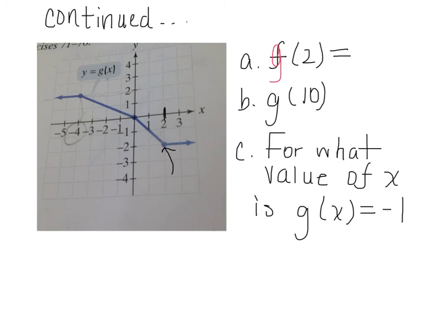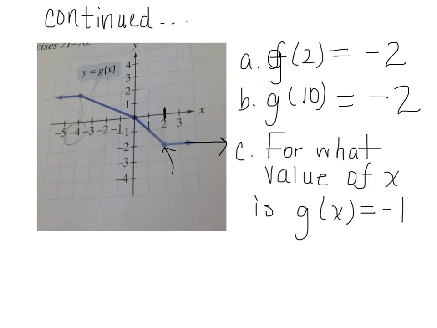My y value is negative 2. And then for part B, when x is 10, which would be all the way over here, we don't see it actually on the graph, but this arrow means it's going to go on forever. So anything bigger than 3, no matter what, our y value would be negative 2.